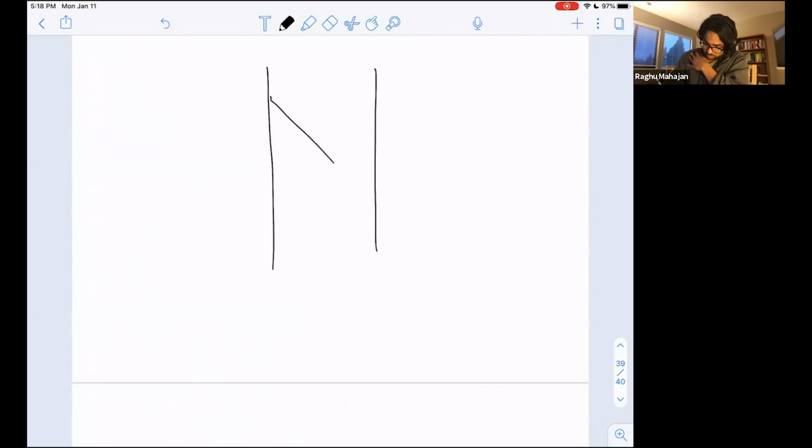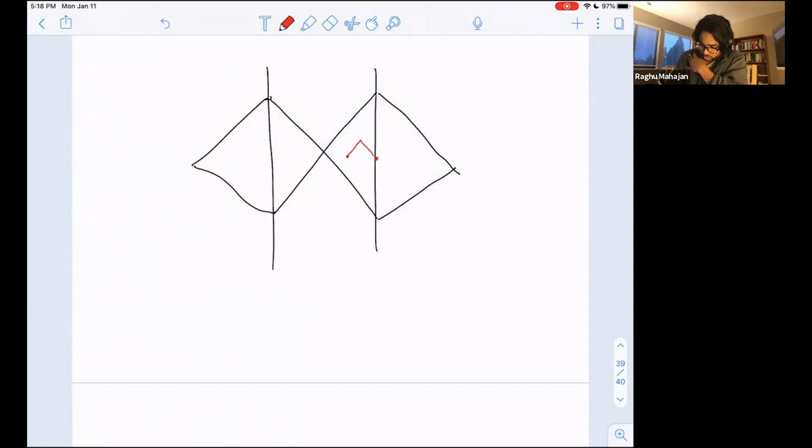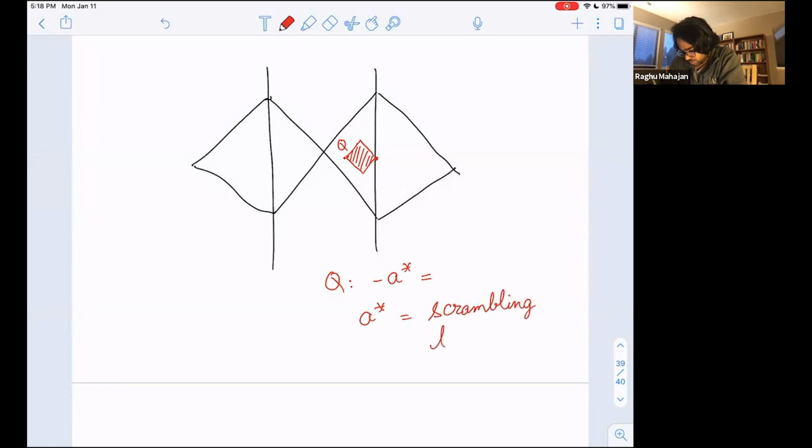We have this wedge, and what we learned is that if we take B to 0, we have a point Q here, and this is the entanglement wedge of the SYK, with the point Q having coordinate negative A star, where A star equals the scrambling time.